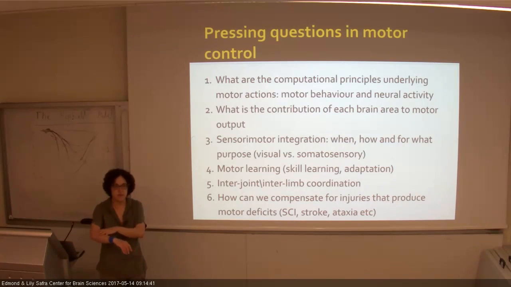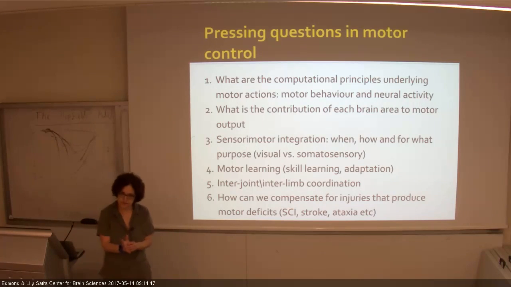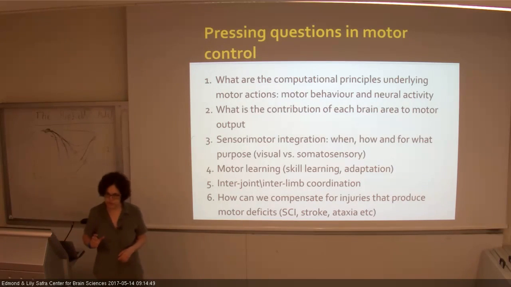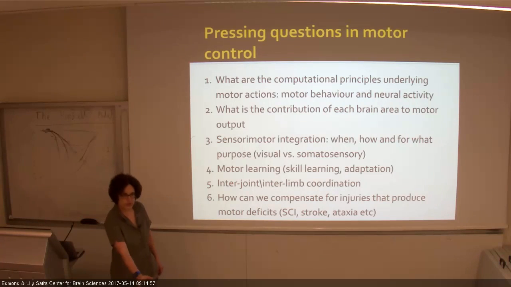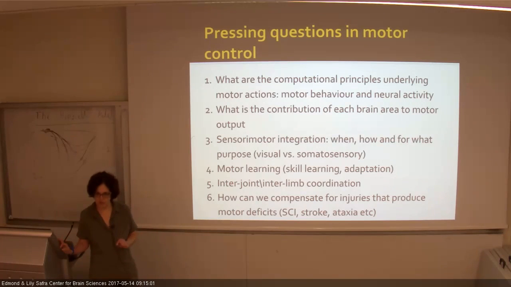Even in a single limb, when you reach, there is a coordination between your shoulder, elbow, and the fingers. Because as I move, my fingers already in a predictive manner are actually shaped so I will grasp exactly the object that I'm aiming for, right?